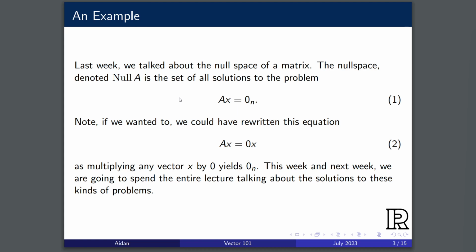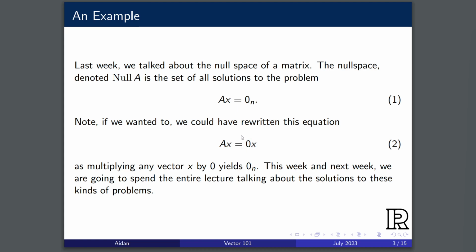So we could have written this, that we want all solutions to Ax equals 0x. And so this is one way to think about the null space problem. It's what vectors are there where if I multiply them by A, it's the same thing as multiplying them by 0.